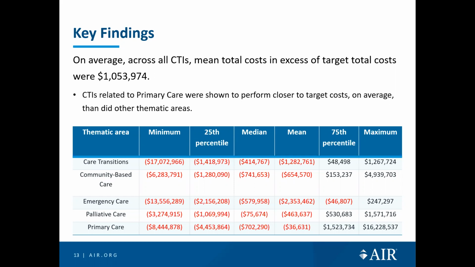And so, for example, in primary care, you can see that the final total costs were kind of the smallest compared to the target total costs across the other thematic areas. We also see that there was a wide variation here. For example, in care transitions, the variation went from 17 million over the target total cost to 1 million below.